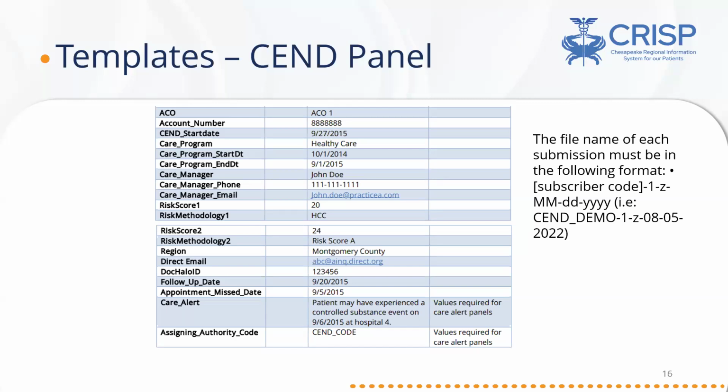For example, if send_demo was your subscriber code, you would put that /1/Z/ and then the date that you uploaded that panel into the panel processor. Again, the system will remind you of that, so you can see that on the screen before you hit upload, but just so folks are aware, save in a CSV and then name the file in this specific format.